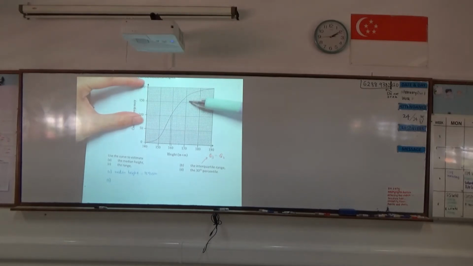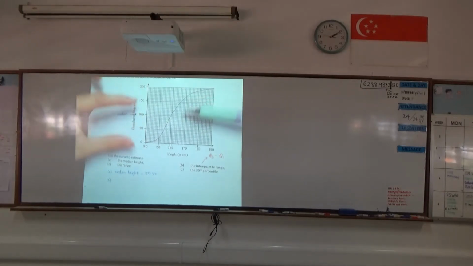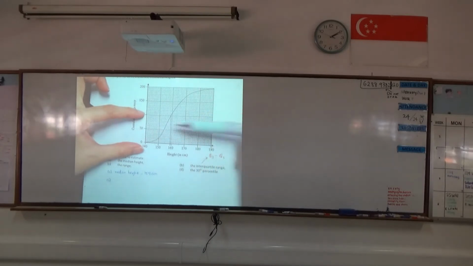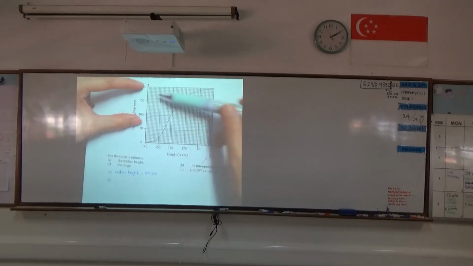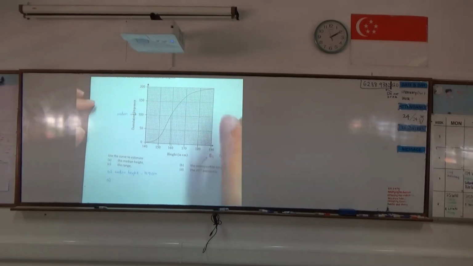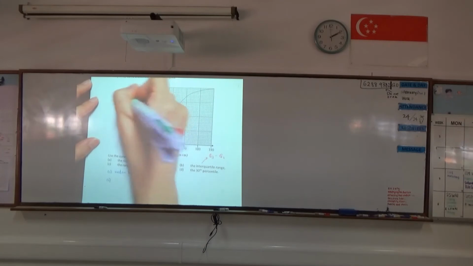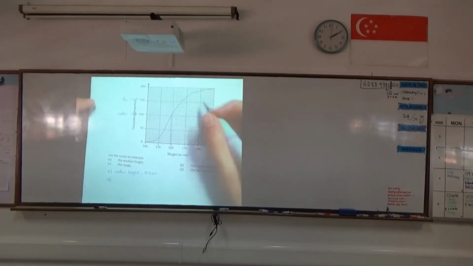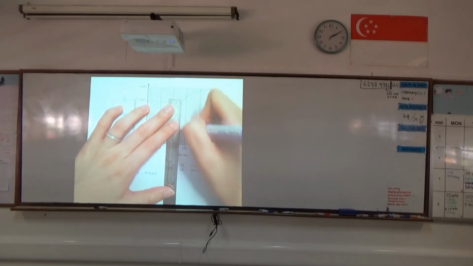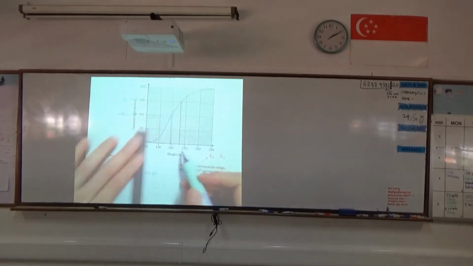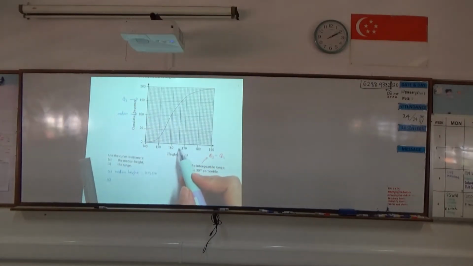That will be where the upper quartile is. Lower quartile will be the bottom half, we look at the center. In this case, it is very nicely divided. So for the upper quartile, the center is at 150. From here, I will find the upper quartile, and that would be 166. So Q3 equals 166.